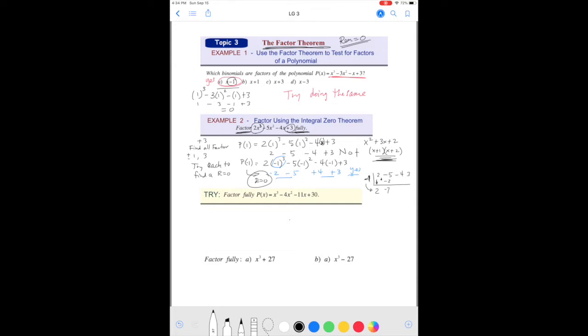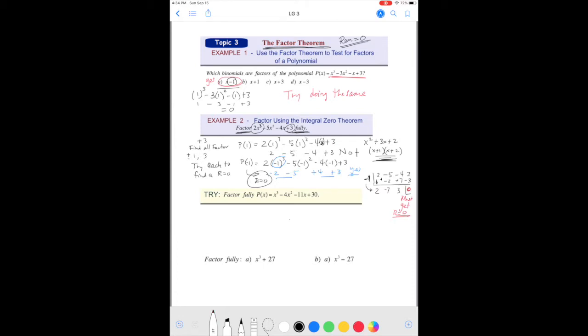Negative 7, that is positive 7, that is positive 3, that times is negative 3, and we get a 0. So this is very important. You must get 0. Must get 0 remainder. R equals 0 here. If you don't, you did something wrong.